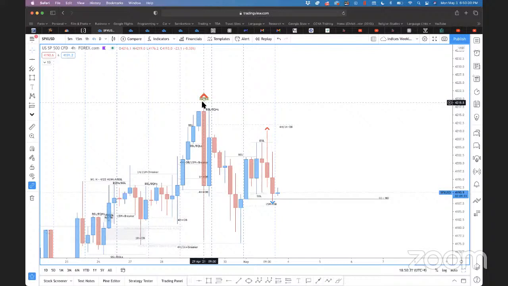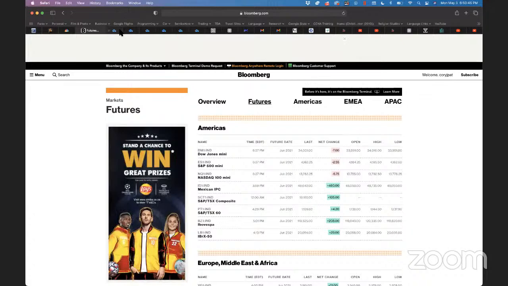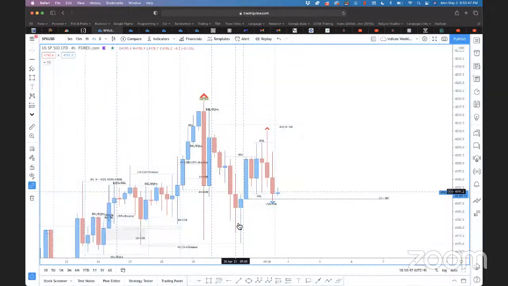Now you're overbought. That's a sign you're overbought: you're at a high, but the futures are starting to go down.